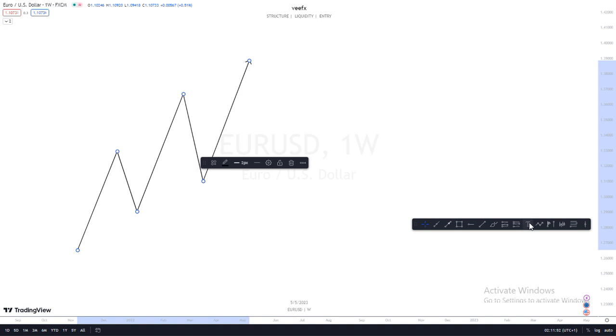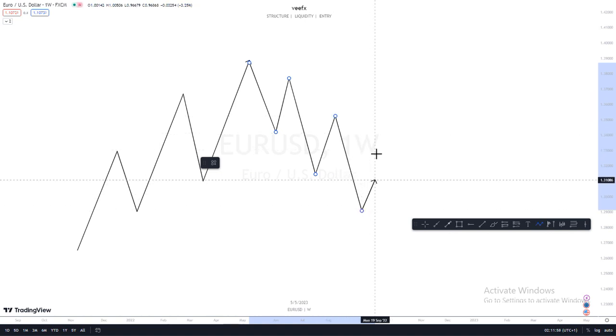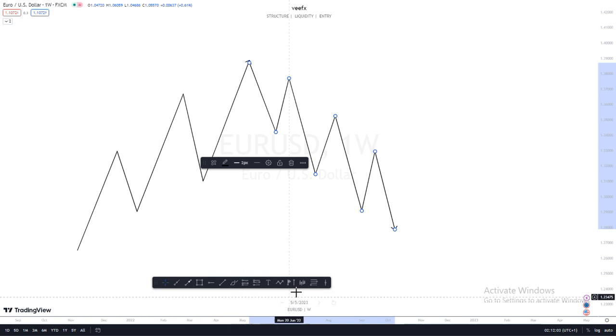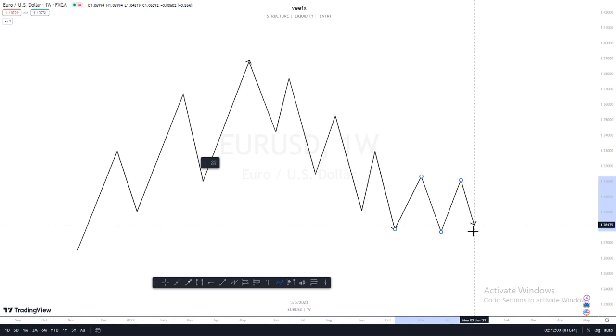Then the second phase, which is lower low, lower high, lower low, lower high. And the last phase is the ranging market, where the market gets into a consolidation, just moving sideways. It's not trending up and it's not trending down. This is basically what we discussed in the previous video.